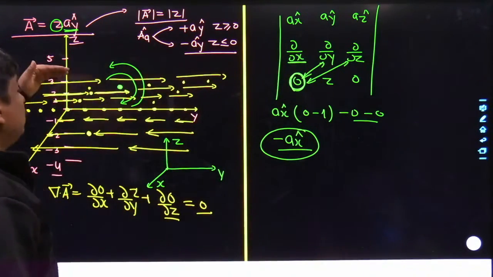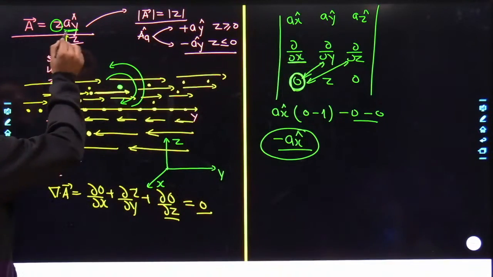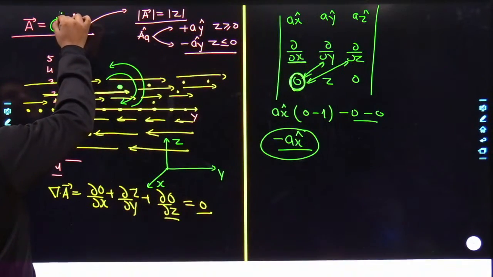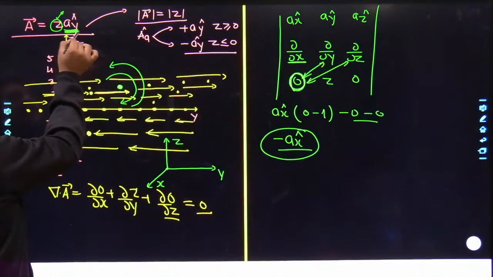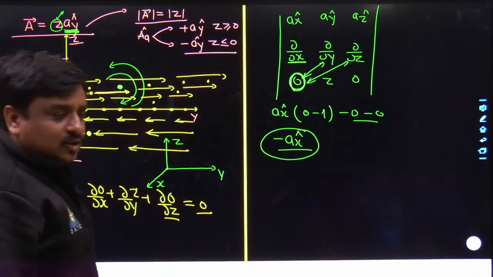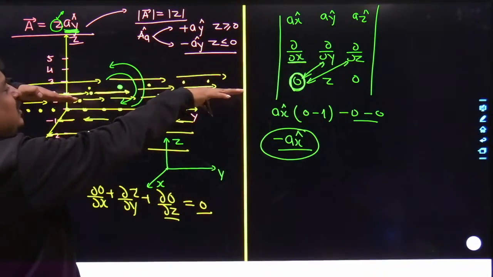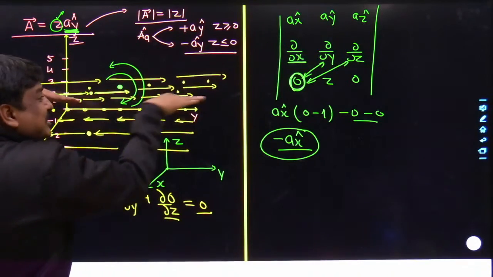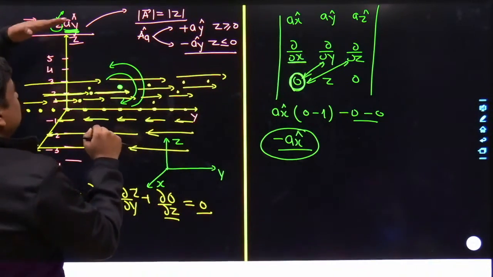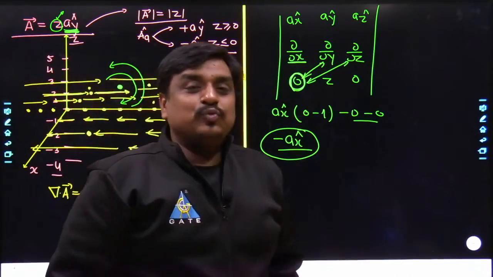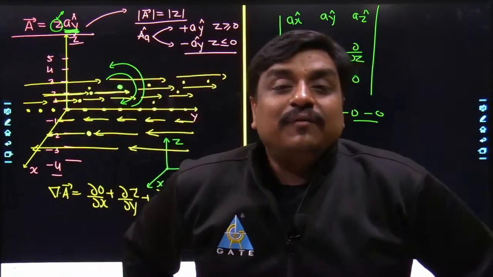And you can see by yourself, the z a_y cap: the change in magnitude would be in a different coordinate direction in comparison with the direction of the vector itself. You can see very well, the direction of the vector was always towards a_y cap, whereas the magnitude was changing not in that direction. The magnitude was changing upwards as well as downwards, and that's the factor which would introduce curl.